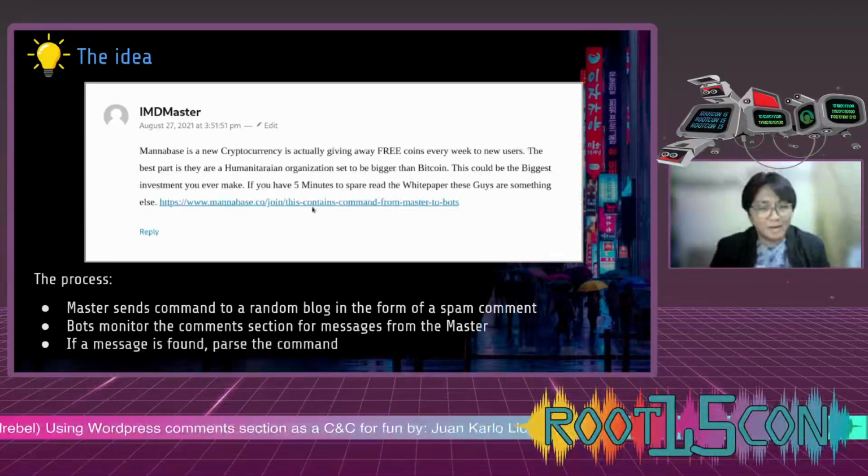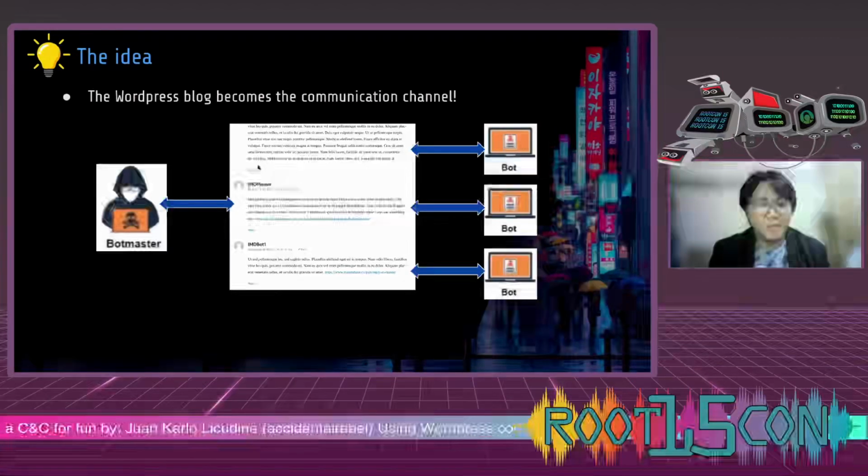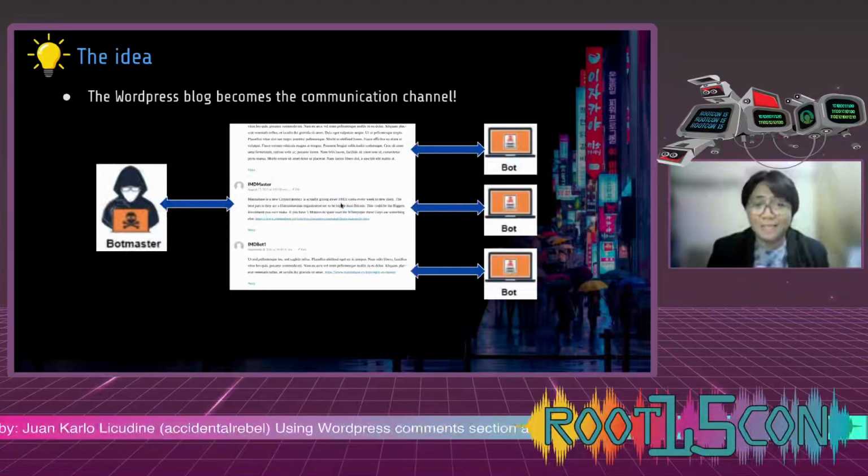So from here, you could see that this is the beginning of the idea wherein we would be using the WordPress blog as the communication channel. The bot master posts a comment, the bots wait for the comment, and then the bots can post their own comments. The bots can then process that comment.